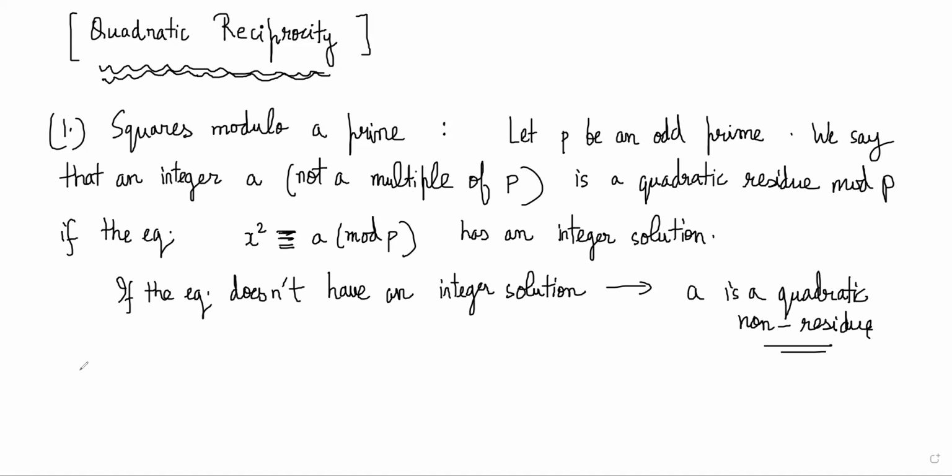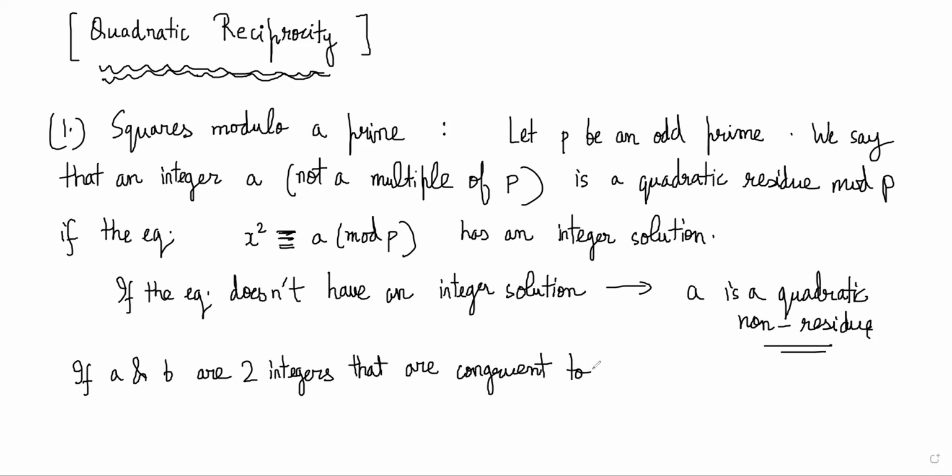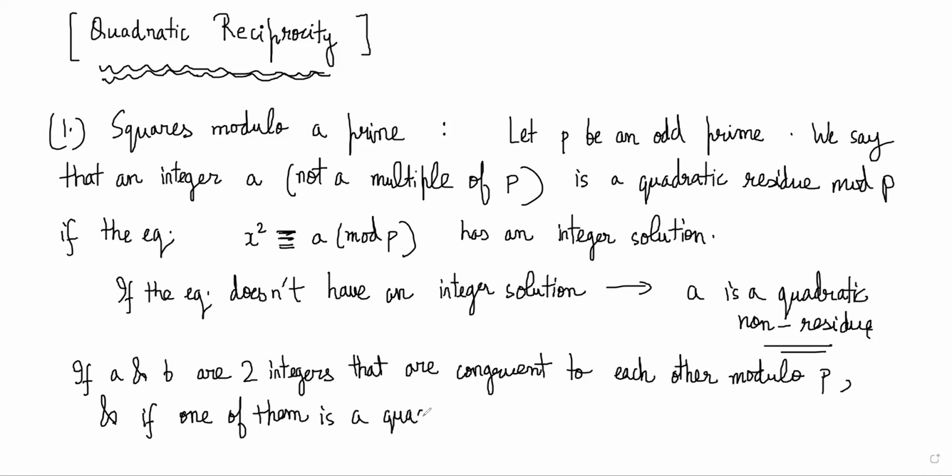Another idea here is, if A and B are two integers that are congruent to each other modulo P, and if one of them is a quadratic residue mod P, then so is the other.